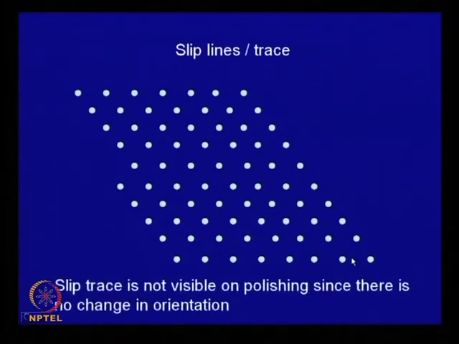So, if you want to see slip traces, what do you have to do? You have to polish the sample, deform it, and then look under the microscope. In that case, you may be able to see some lines along which permanent deformation has taken place.